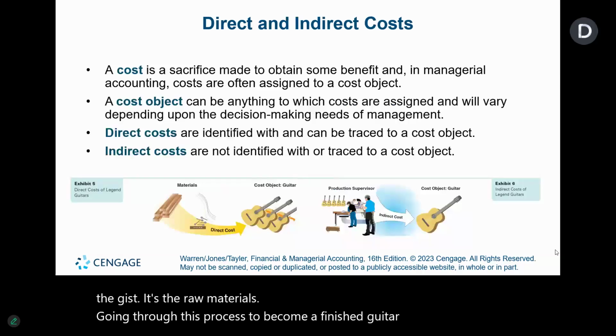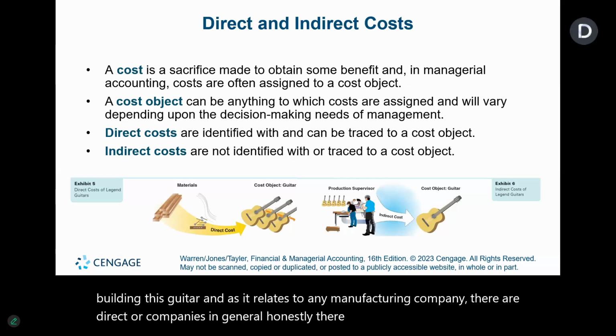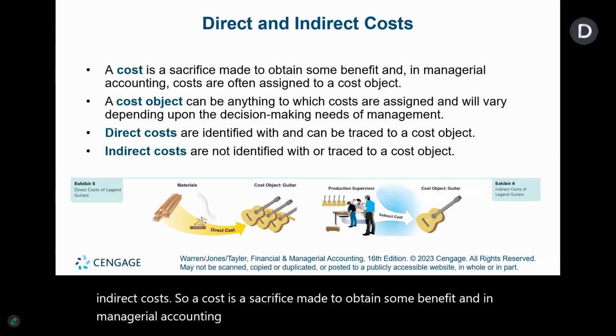As it relates to building this guitar, and as it relates to any manufacturing company, companies in general, honestly, there are direct and there are indirect costs. A cost is a sacrifice made to obtain some benefit, and in managerial accounting, costs are often assigned to a cost object.